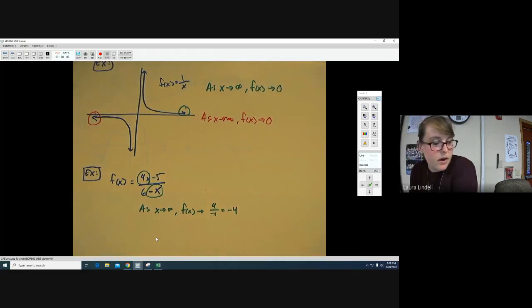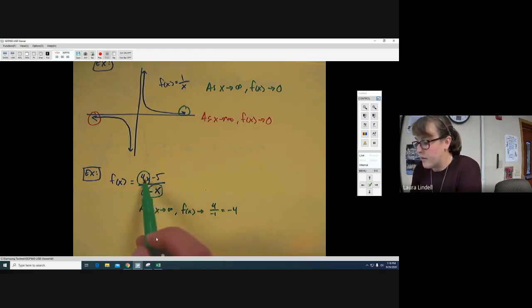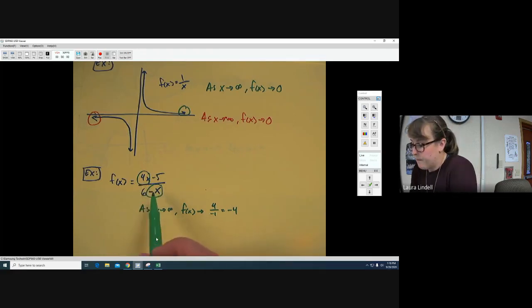So that's probably the hardest type of end behavior question that you guys will see. But yeah, that's an easy way to take care of that one, instead of just kind of guessing at it or looking at the table of values on the function: you can take the coefficient from the highest power of x on the top, and the coefficient from the highest power of x on the bottom, as long as those powers are the same.